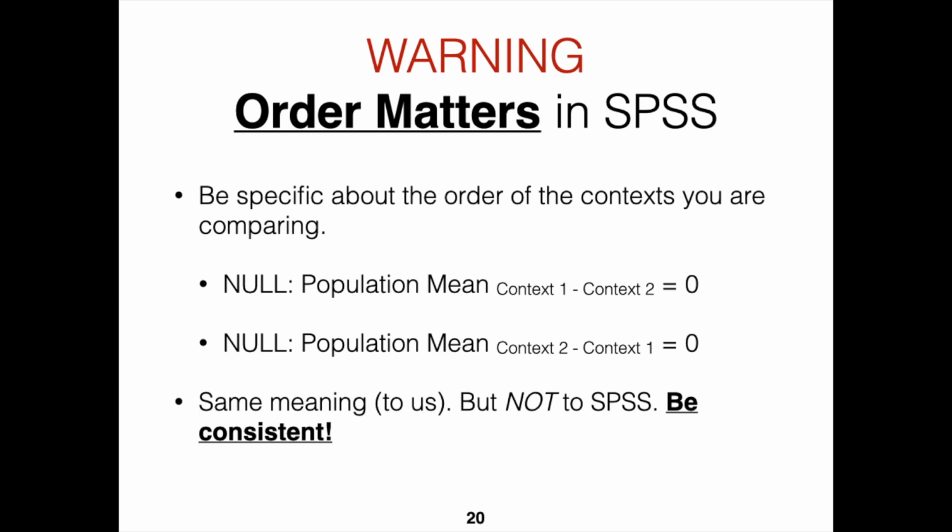You know it, I know it, but the problem is SPSS doesn't know it. So as you use this method, you need to be really careful. When you think about the order of how you subtracted things, that's the order you use as you use this tool. You want to make sure that the order of the groups is consistent throughout.